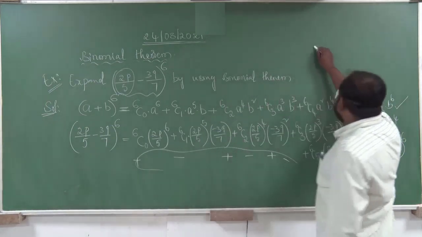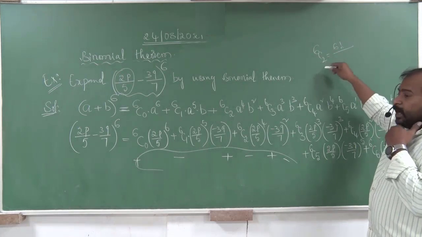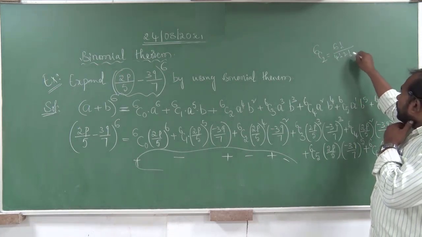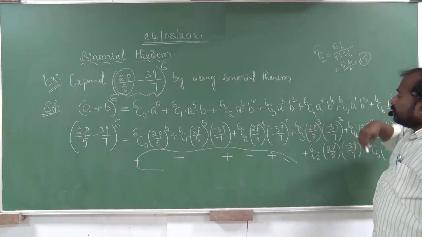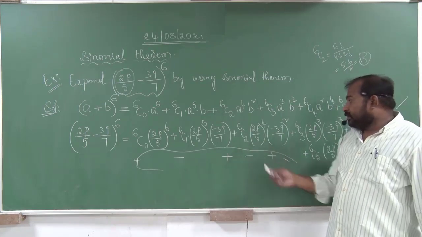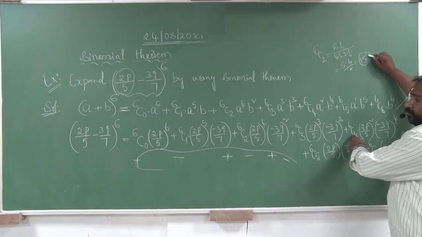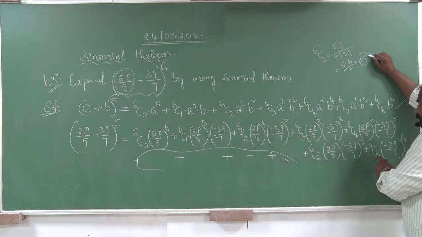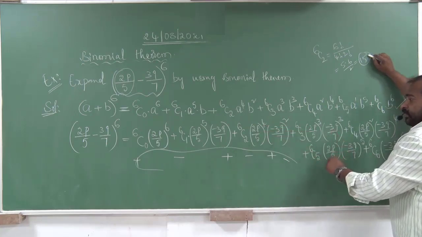What is the 6c2 value? 6 factorial by (6 minus 2) factorial into 2 factorial, which means 5 into 6 by 2, equal to 15. So 6c2 and 6c4 are 15, 6c0 and 6c6 are 1, and 6c1 and 6c5 are 6.